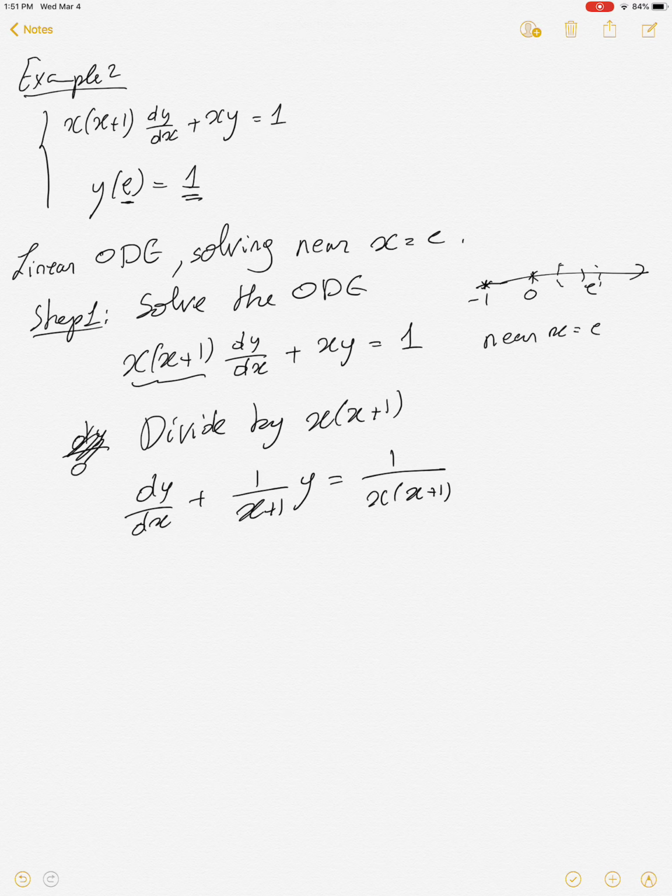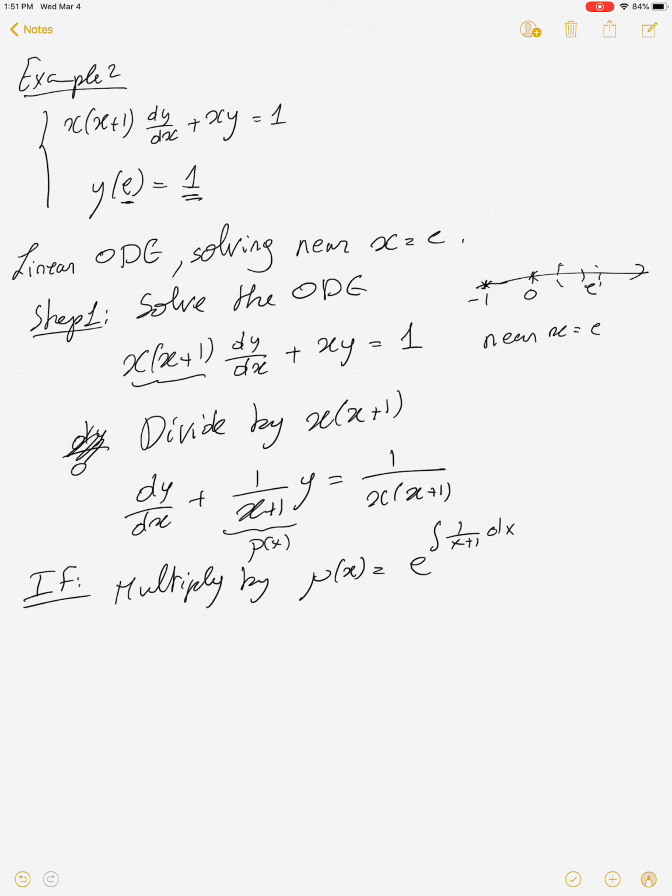And now I need to multiply this equation by an integrating factor. In this case, this is my p of x. So multiply by mu of x equal to e to the integral of 1/(x+1) dx. Now this is equal to e to the log of the absolute value of x+1. But notice, since I'm solving near x equal to e, this implies that x+1 is positive.